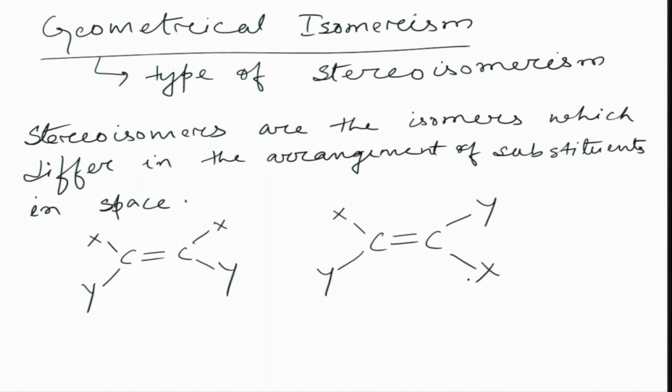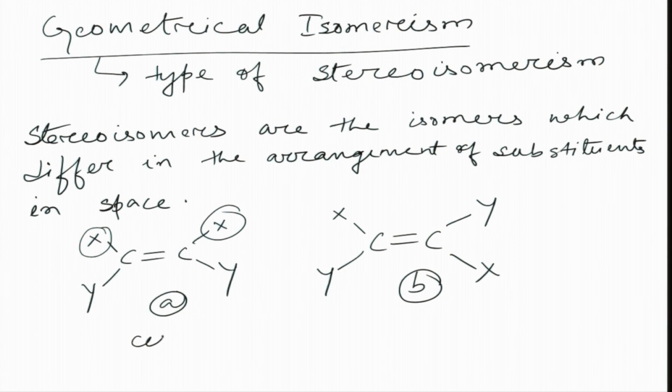The groups can be attached like this also. So, this is A, this is B. So, in A, the similar groups lie on the same side of the double bond.